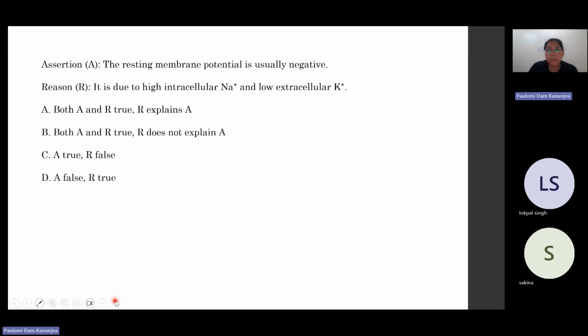Okay, next one. The resting membrane potential is usually negative. It is due to high intracellular Na plus and low extracellular K plus. Think. Anyone else?